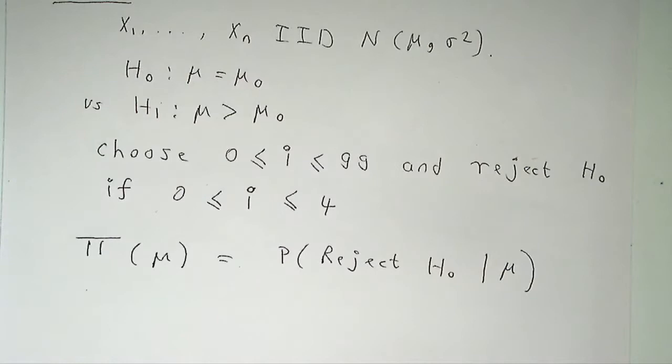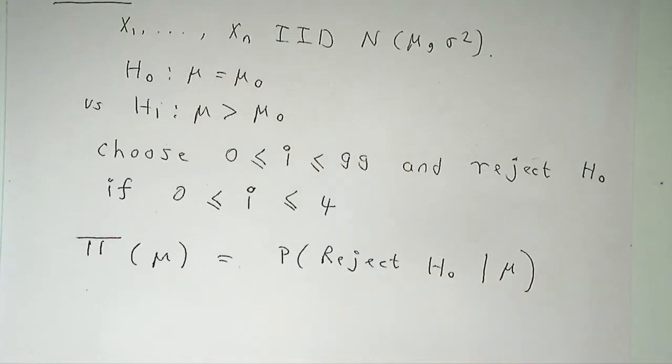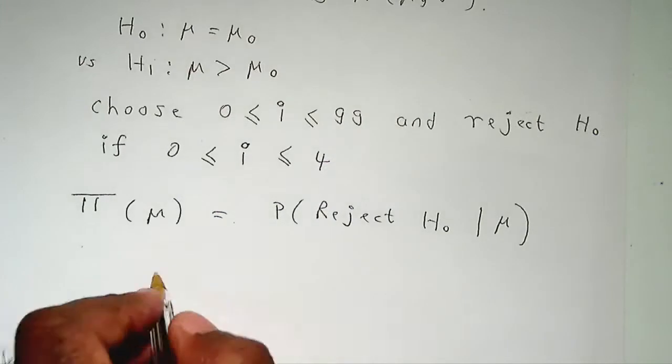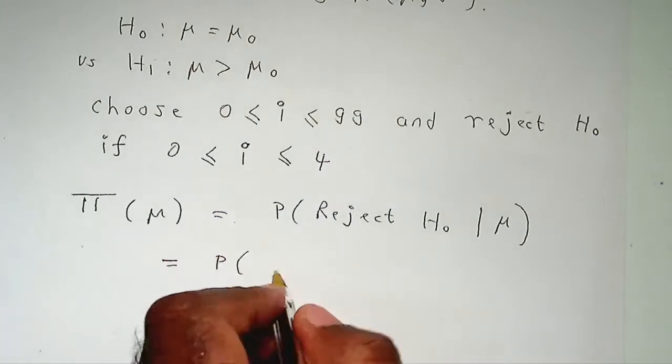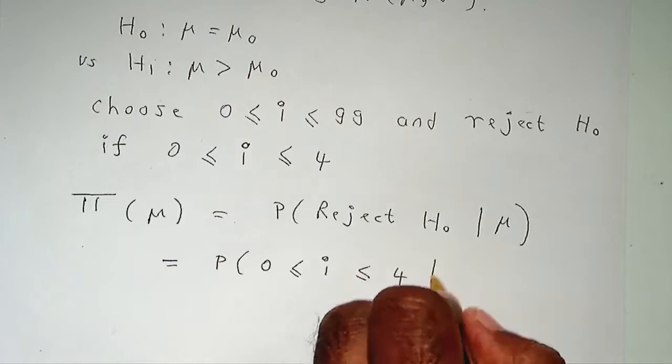Remember the definition of power function I gave you last week: it is the probability of rejecting the null hypothesis given the parameter value mu. Mu here can take any value, it doesn't need to be 0 or 1 or any specific number. It's an arbitrary number, right? So this is the probability that I is between 0 and 4 given mu.